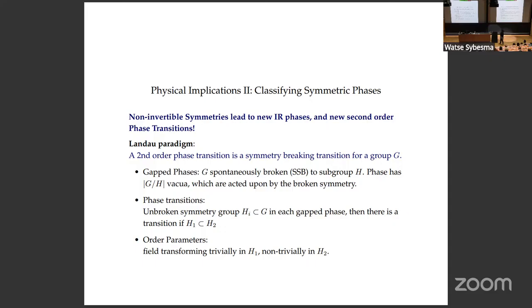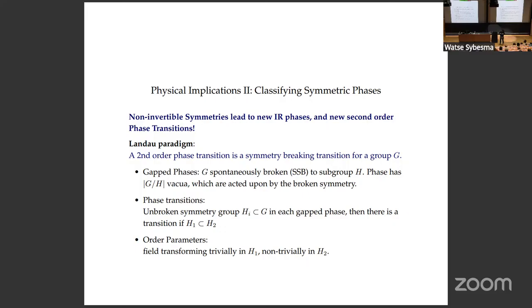Canonically, Landau taught us that any second order phase transition is basically given by some symmetry breaking for a group G. And I'm taking G to be a finite group here. So the gapped phases are where G is spontaneously broken to a subgroup H. This is literally one-to-one from the Landau story.